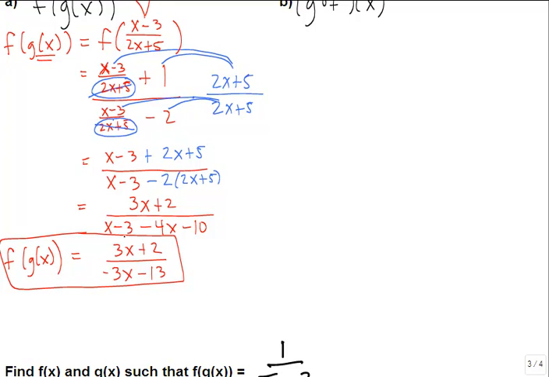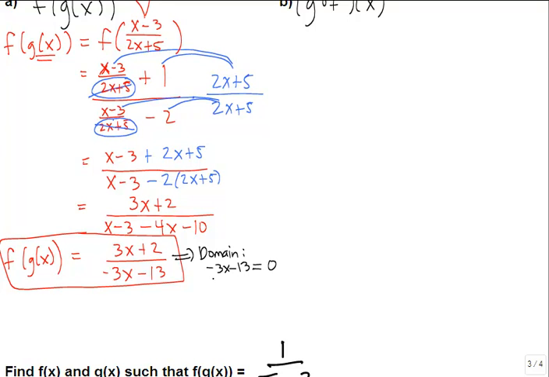Once you've figured out what this formula is, we need to find the domain of this rule. Because it's a fraction, the only thing we have to worry about in terms of domain is possibly dividing by 0. So to figure out the domain of a fraction, all you have to do is take whatever that denominator is and find out when would it equal 0.